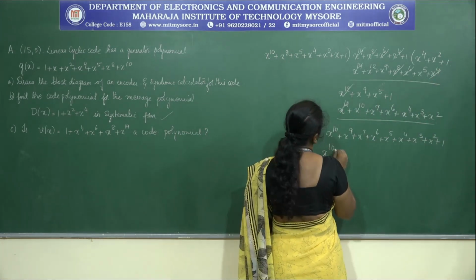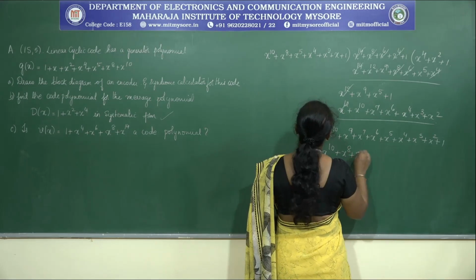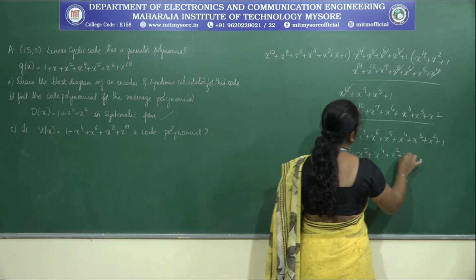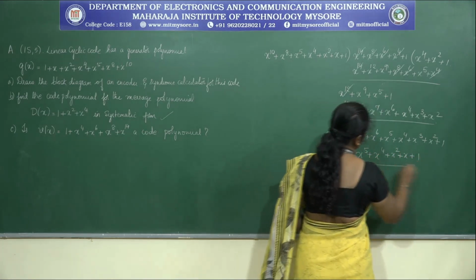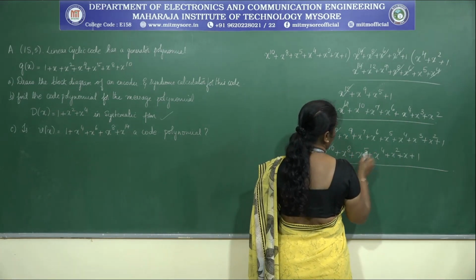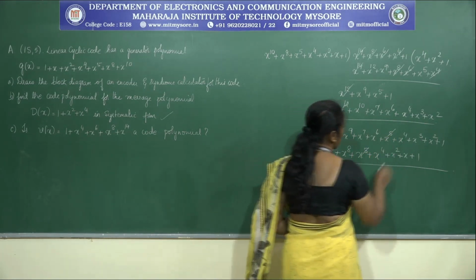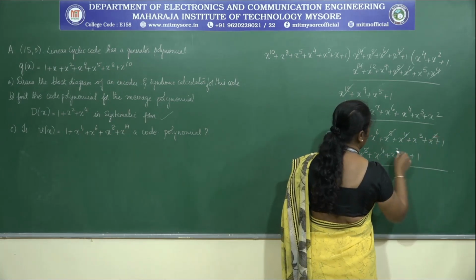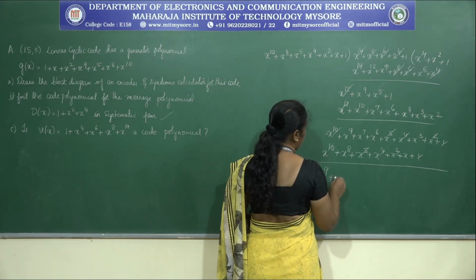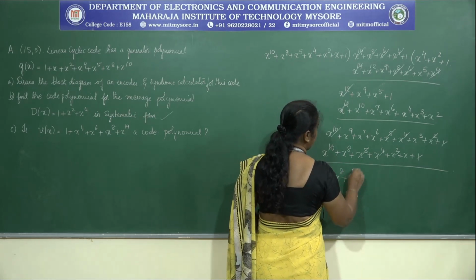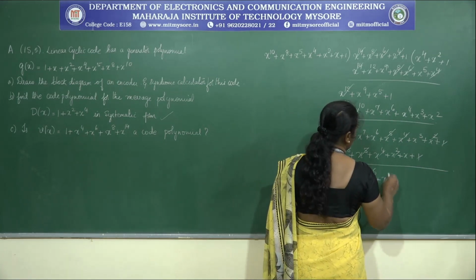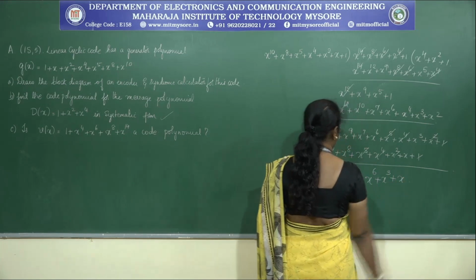So we have x power 10, x power 8, 5, 4, 2, x plus 1. So x 10, 5, then 4, x square, 1 and 1. So we have x power 9, x power 8, x power 7, x power 6, x power 3 plus x.